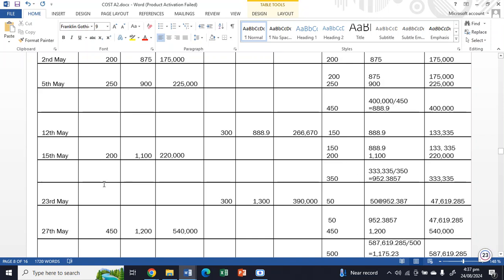So the next transaction, 23rd May, we sold 300 goods. We value them at the cost price. Average cost price here in this case, 952.3857.